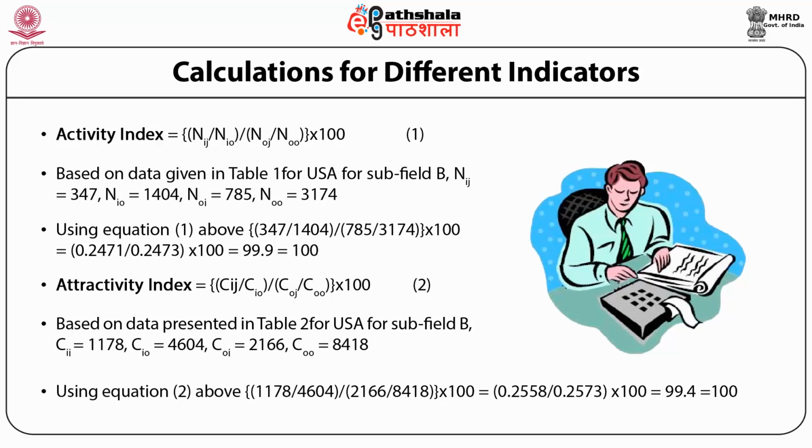Using equation 2 above, {(1178 upon 4604) whole upon (2166 divided by 8418)} into 100 is equal to 0.2558 whole upon 0.2573 into 100 is equal to 99.4, which is equal to 100, which implies that both the fields' activity and attractivity is almost the same.